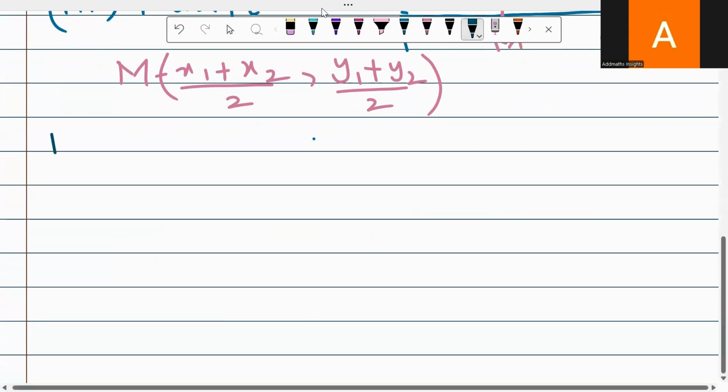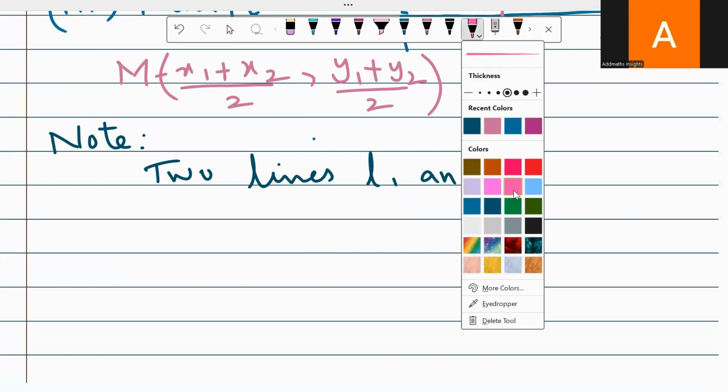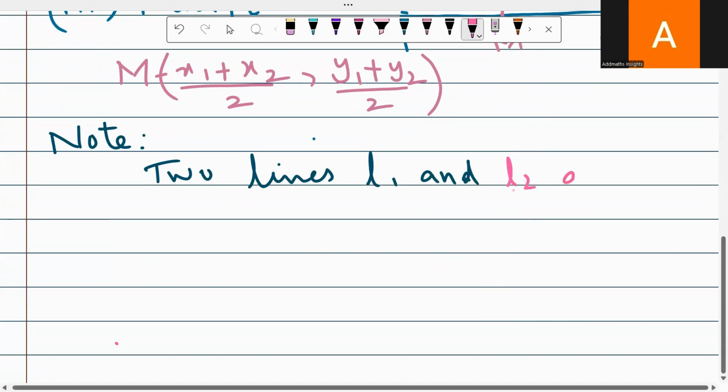Two lines L1 and L2 are said to be parallel if their gradients are the same.